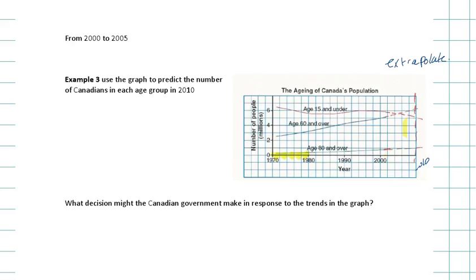And that's why you see me kind of dotted this, right? I dotted it as an increase. So what's the population of people who are 80 and over in 2010? About 1 million, right?